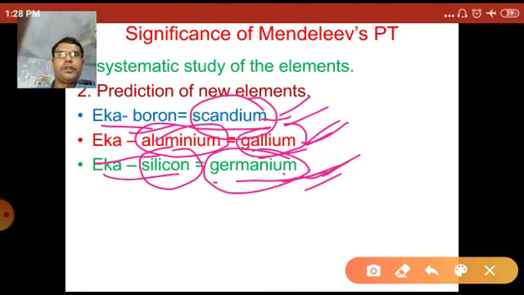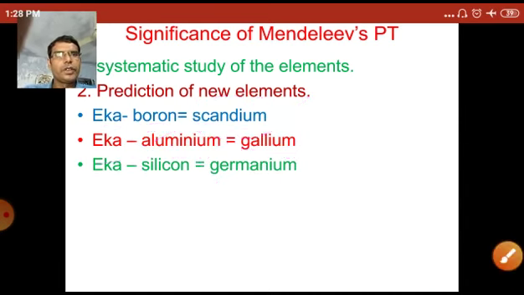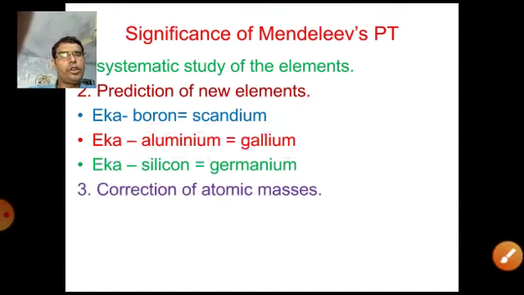So scientists further discovered them and placed them in the Mendeleev periodic table, where Mendeleev had left the vacant space for these three elements.